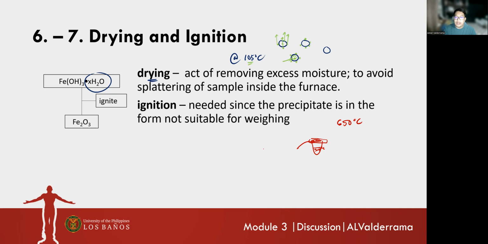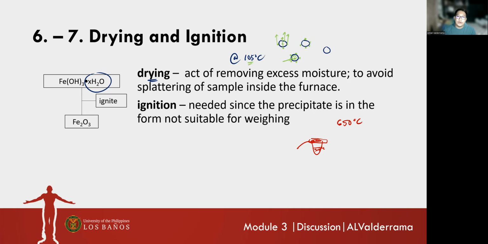So what happens is, upon opening the muffle furnace, you can see that your sample is all over the place inside the muffle furnace. So, ang tendency nun is, wala kang mamuwi after, or there is a negative error in your procedure.